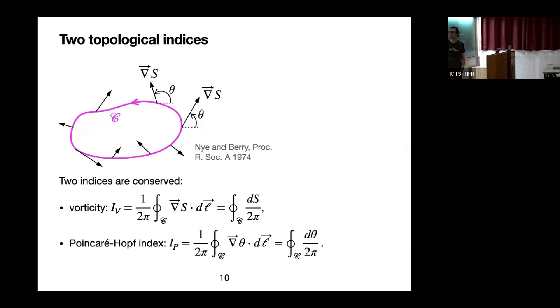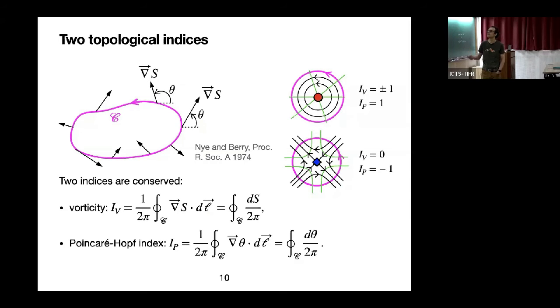So once you integrate this theta, it can only be 0 or a multiple of 2 pi. So you have these two indices. And if inside you put a vortex, you get the vorticity +1 if it is in the trigonometric sense, -1 if it is the other direction. The Poincaré index is 1.